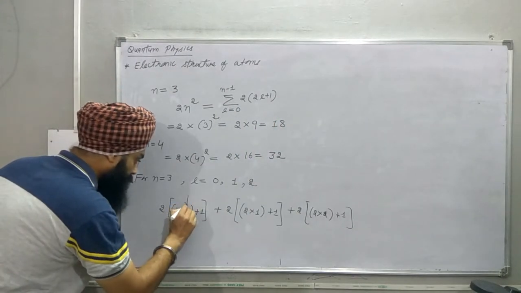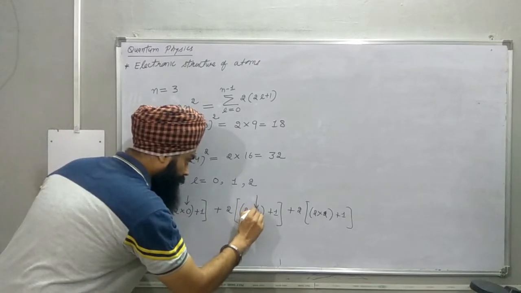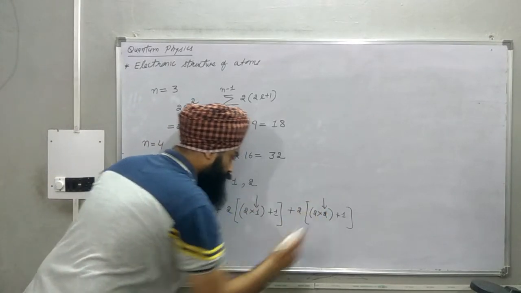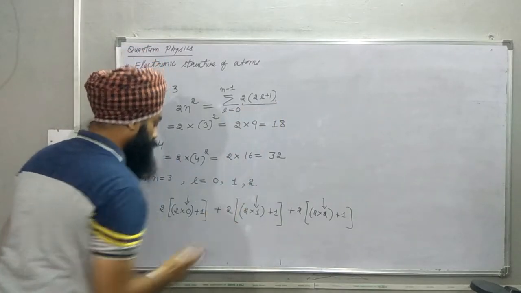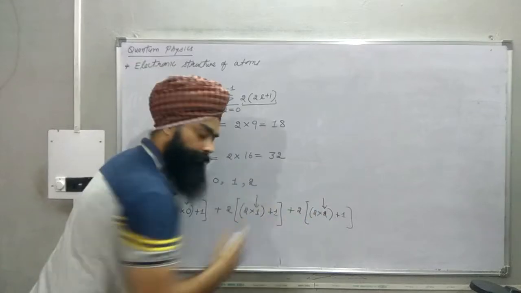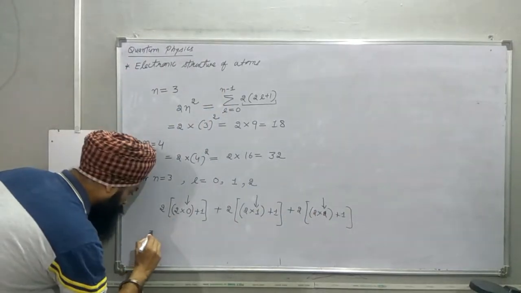Here these are the values of L0, L1, L2, and all the values are set according to this formula and then added subsequently. Now let us calculate.